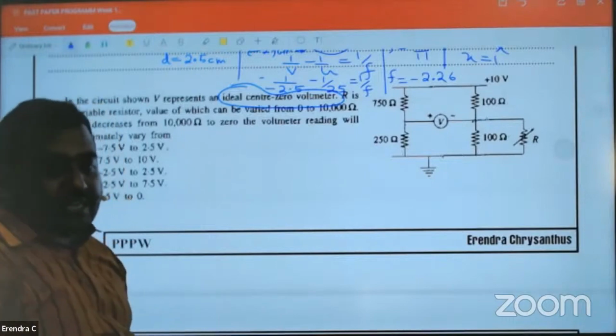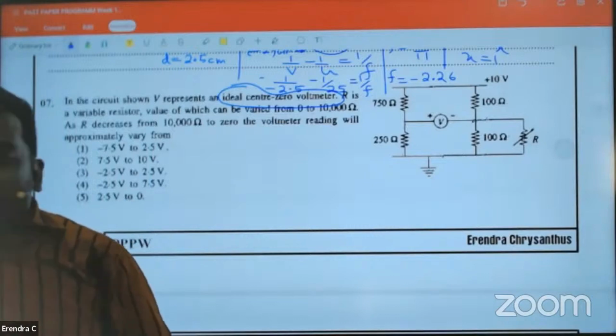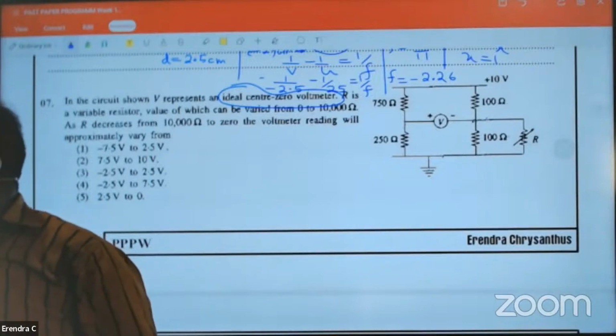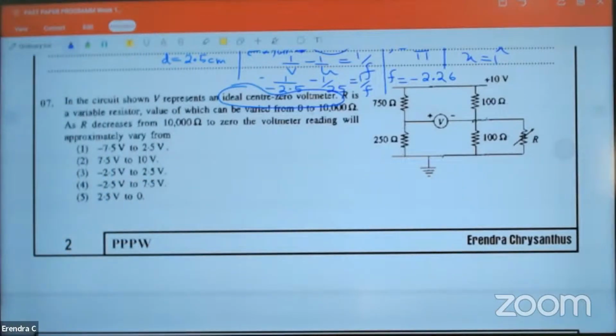What do you mean by ideal voltmeter? Put in the chat. Is current passing through?